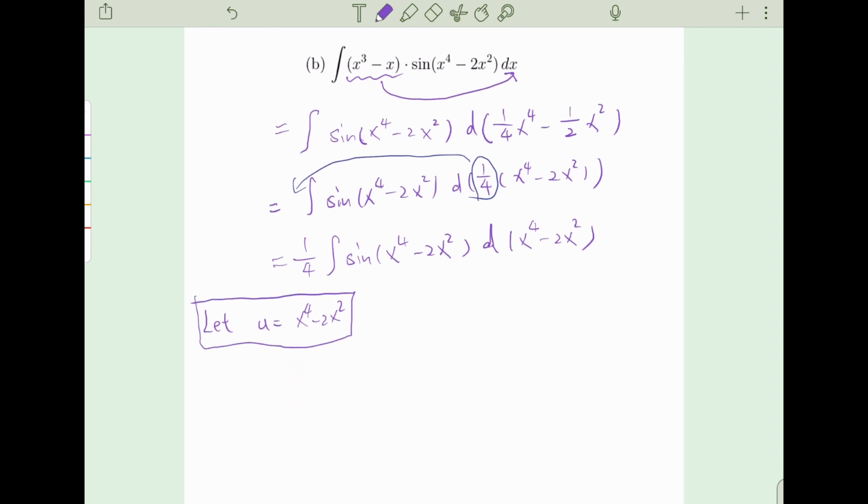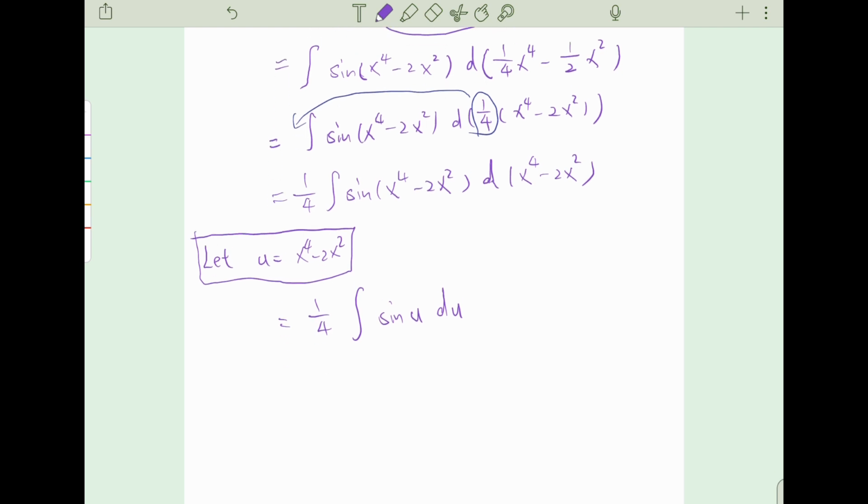And now this is equal to 1 over 4, sorry, 1 over 4 this sine of u, right, du, right?